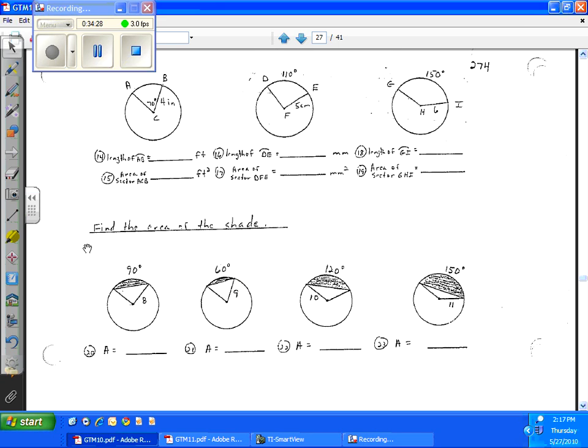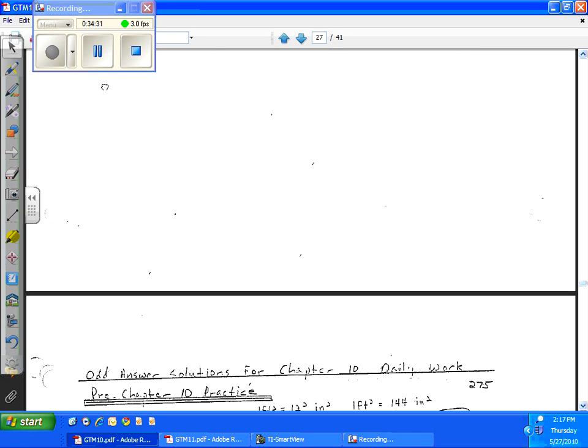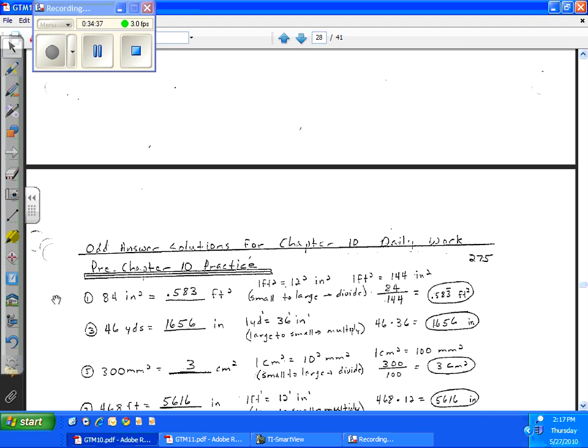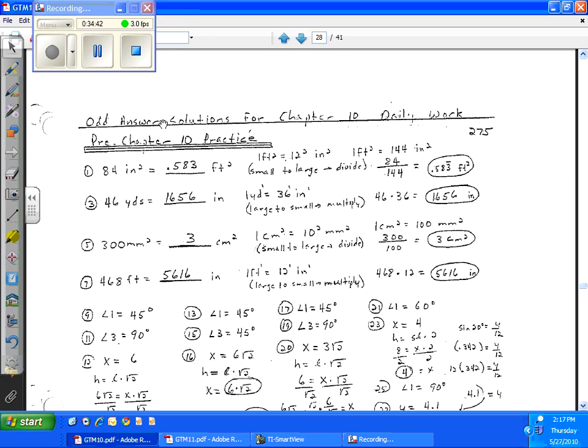This page gives us just more practice of the same things which you need. And so that ends the lessons of chapter 10. We have the odd answers to look at also totally worked out. And then we'll record the chapter review momentarily, the study guide.